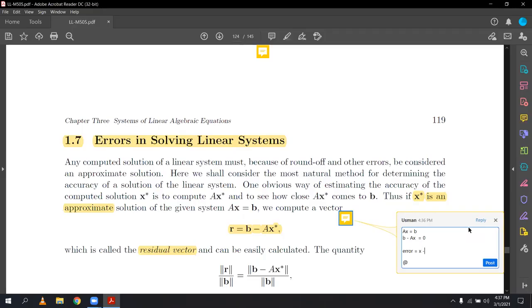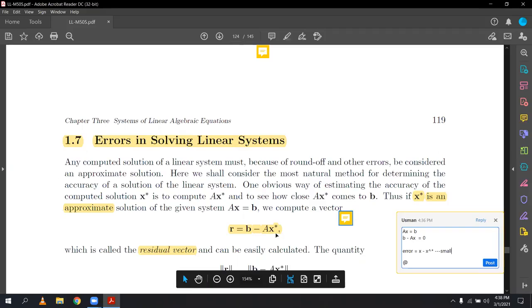Exact minus approximate. When we say R is small, it means we have a very good approximation of the exact solution. And when we say R small, it means error small. If these things happen, we are dealing with a well-conditioned system.